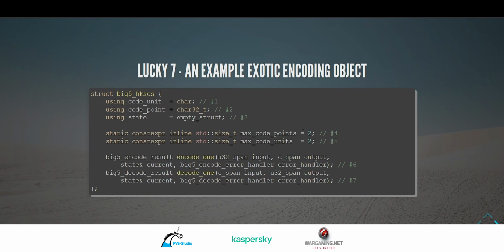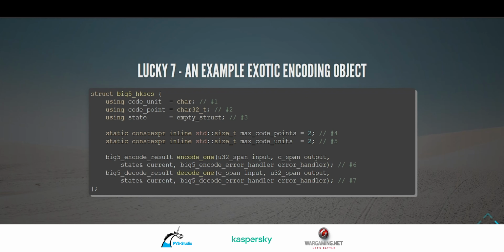So there are 5 cases in the Big5 Hong Kong supplementary character set that when you decode, it specifically produces 2 code points, right? So instead of only being able to output 1 code point at a time, you can output 2 code points at a time, right? And that's how you signify, and you set this max code points variable to signify that. Max code units is just 2 because again, this is a double byte encoding, so you can have up to 2 chars that represent the characters you're interested in.